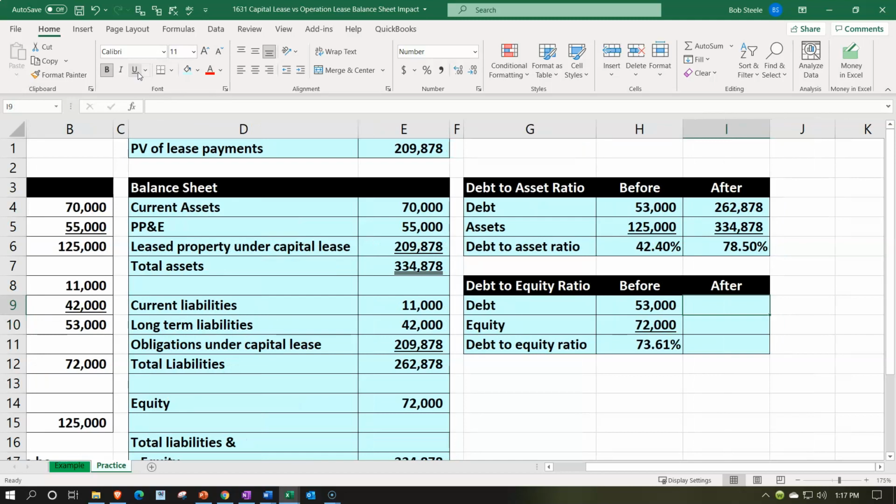And now we have a debt after this whole thing of the 262,878 compared to the equity of the 72,000, underlining that, font group and underlining it, dividing it out. 262,878 divided by 72,000, making that a percent, numbers group, percentifying a couple decimals there, of the 365.01, right? So we have, of course, a substantial difference with regards to the debt to equity, because once again, the equity is going to be the same, but we increased the debt levels.